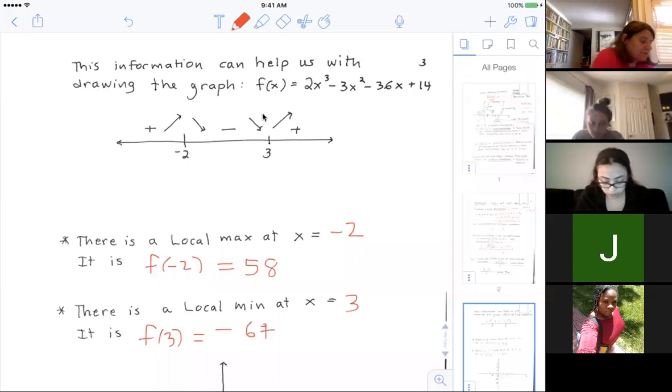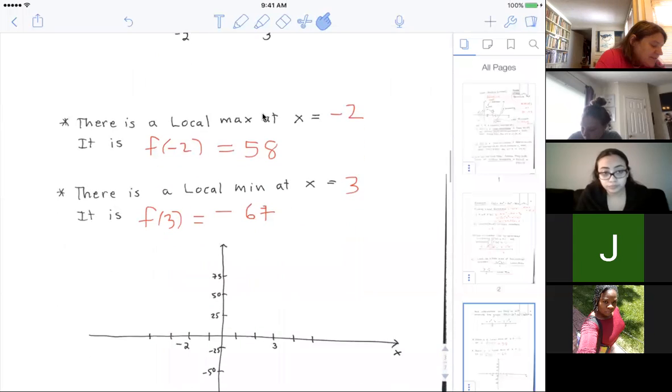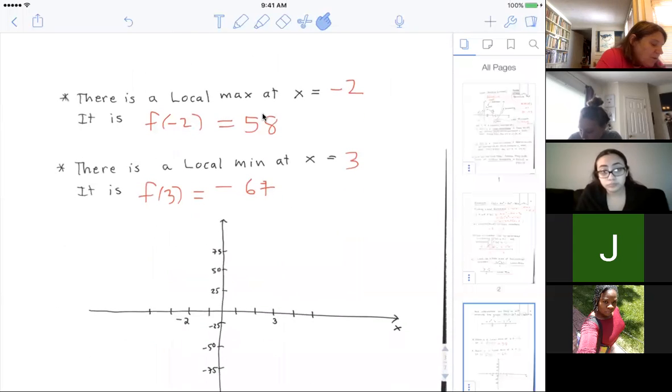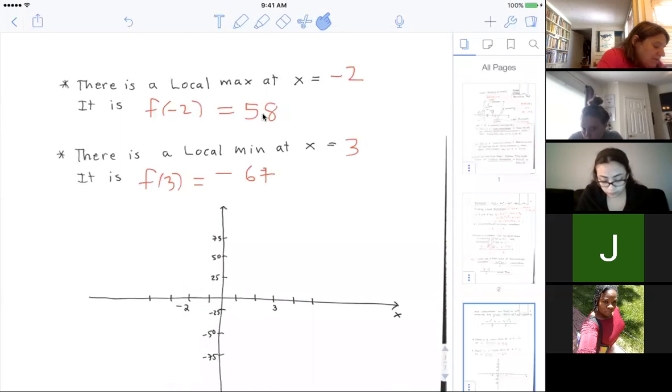Okay? Give me just a couple more minutes, guys. I know I'm running a little bit over time. And so, you're plugging it back into the original function. Always. Right? That's always what I'm plugging it back into to get points. And so what we've got here, guys, is sort of what we needed. -2 was up here at 58. So I'm going to plot that point.